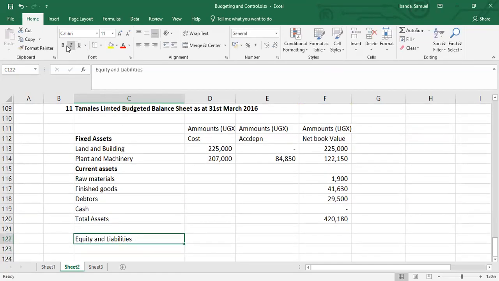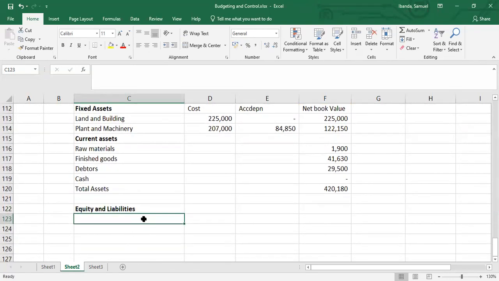Under my equity and liabilities, let me just see from the balance sheet I've been given here how they, so I'm going to start with my current liabilities. I'll start with all liabilities.